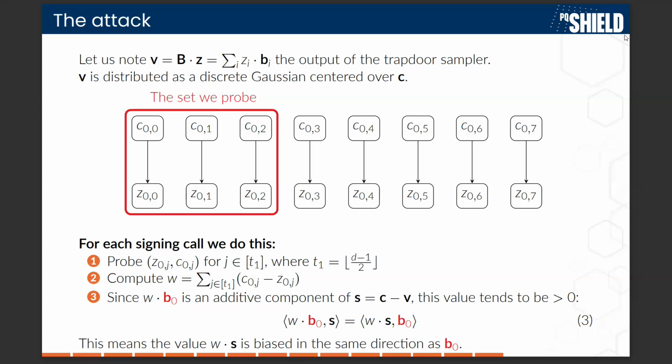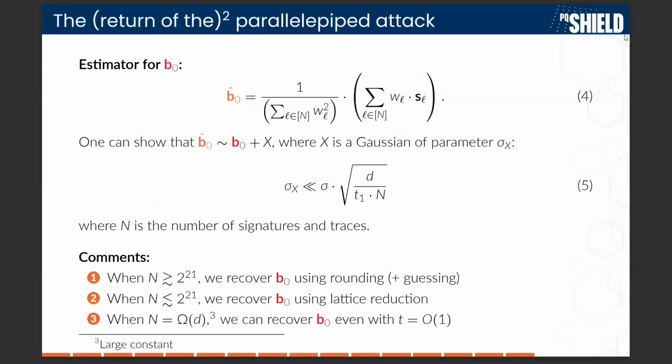And so it tends to be positively correlated with the signature. In particular, W times B0 in inner product with the signature tends to be positive. So it's biased in the same direction as the first lattice vector, the first basis vector.